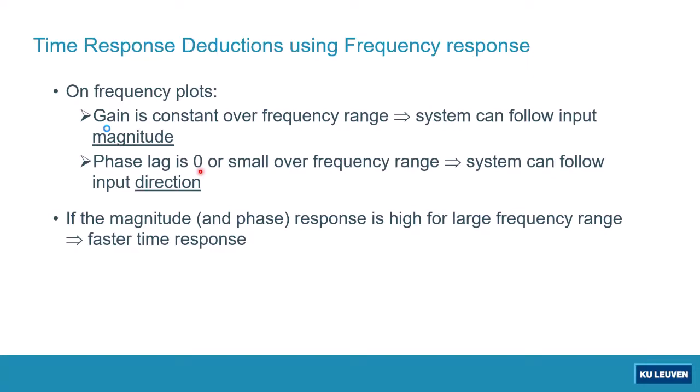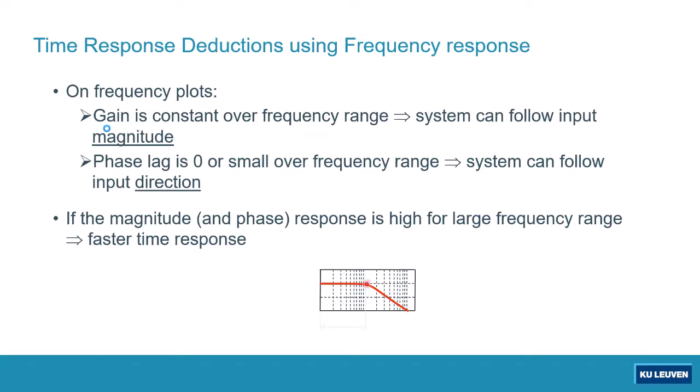What do I mean by that? If, let's say, at low frequency, the magnitude and the phase, I do not illustrate the phase here, is constant but high for a large frequency range.